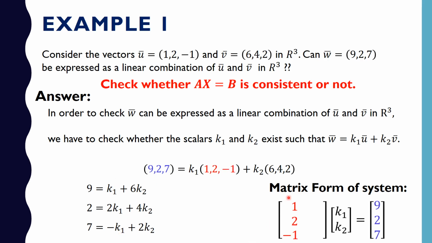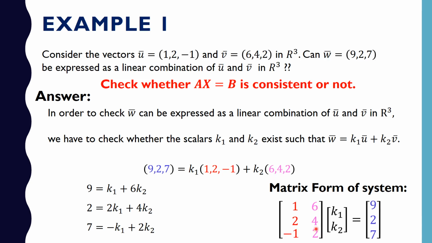The matrix A is obtained by arranging each vector u and v chosen in R3 as column vectors. So the coefficient of k1 is 1, 2, minus 1, which is nothing but the vector u expressed in column form. Similarly, what would be the second column of this matrix A? Yes, which is the coefficient of k2. Other way, we can check the vector v represented in column form.